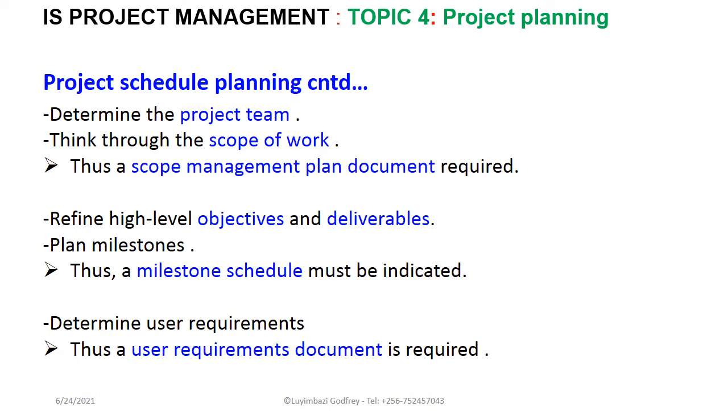So in the project plan, we must consider not only the project team, we must look at the scope of work together with the scope management plan document attached. We must refine the high-level objectives and deliverables. We must have a milestone schedule. We must also have a user requirements document.